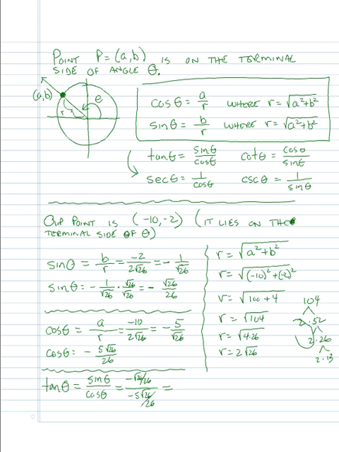Now, first thing, negative divided by negative is positive, isn't it? Okay, so we know that. And then when we multiply by the reciprocal, well, what we're dividing into is the square root of 26 divided by 26, and we're going to multiply that with the reciprocal of what we're dividing by.